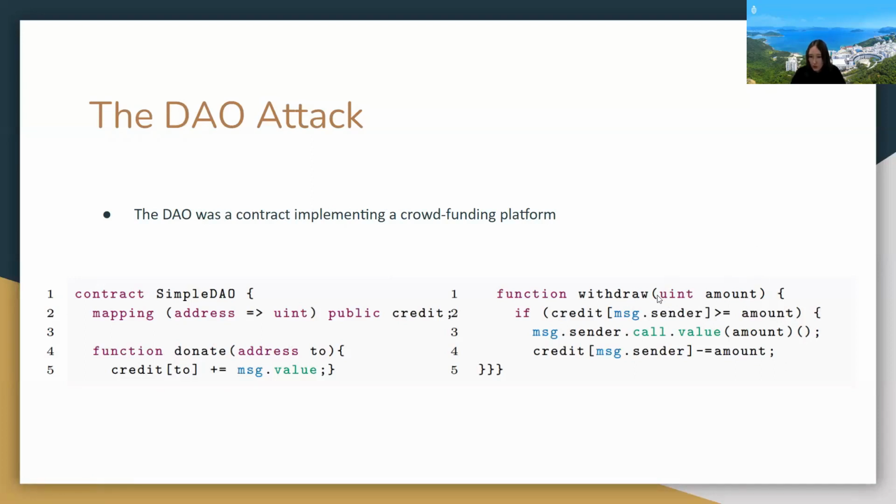When you withdraw some amount, you first check if the credit of that person is greater than the amount. If yes, you send that value to the message sender and you decrease the credit amount. This is just a simplified version of the DAO contract.